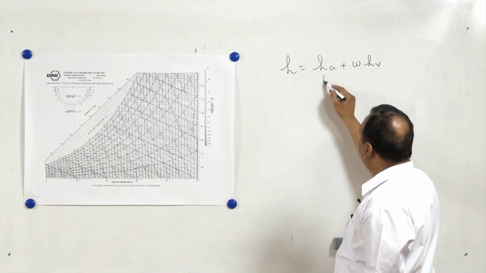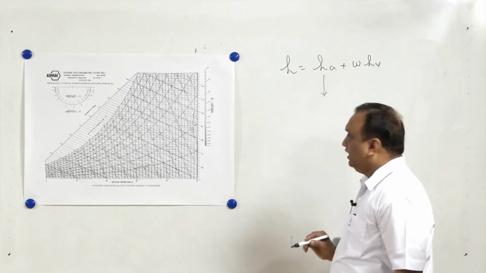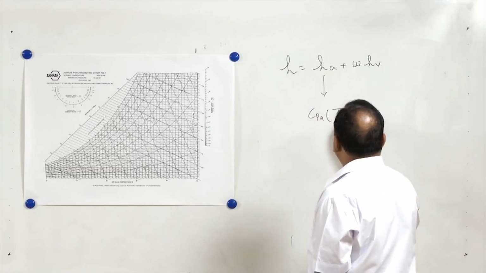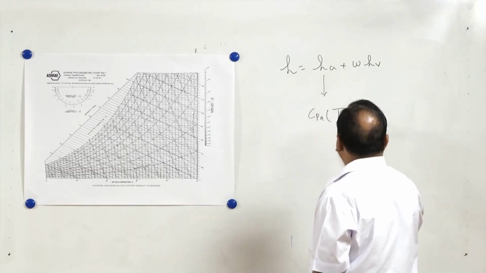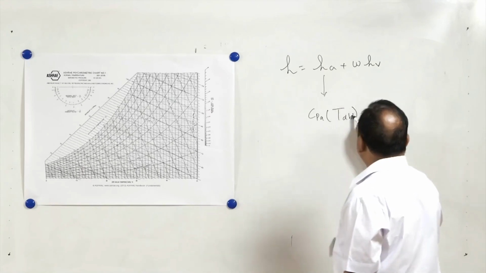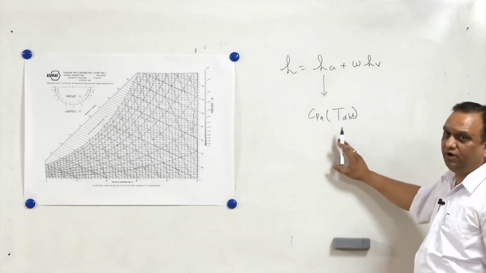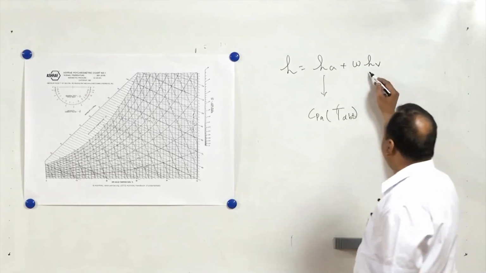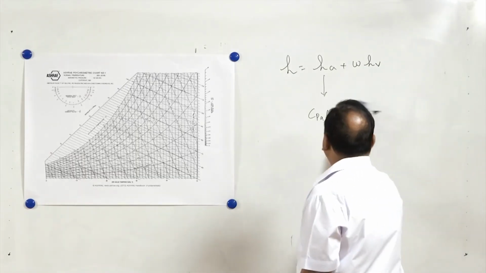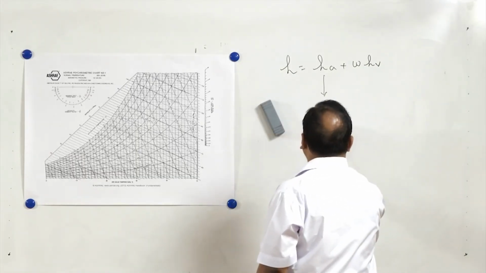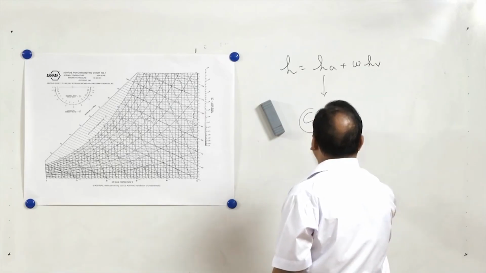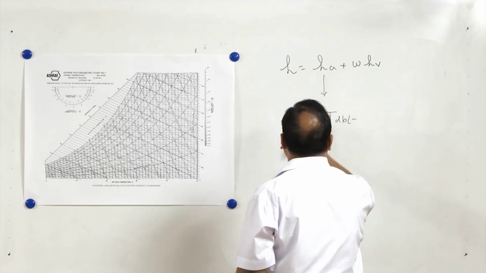Now enthalpy of air is Cp air times T dry bulb temperature, because the reference point is when the temperature is 0, this is in degree centigrade, and this enthalpy of air is taken as Cpa T dry bulb temperature, and Cpa is also assumed to be 1, so it is going to be like this.